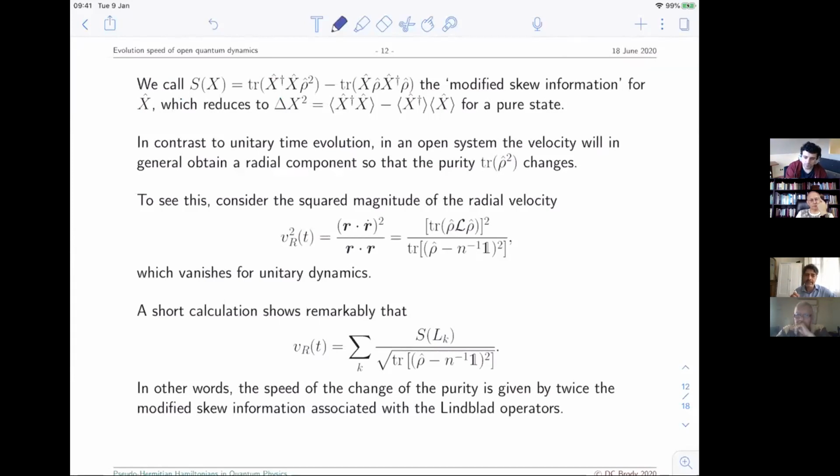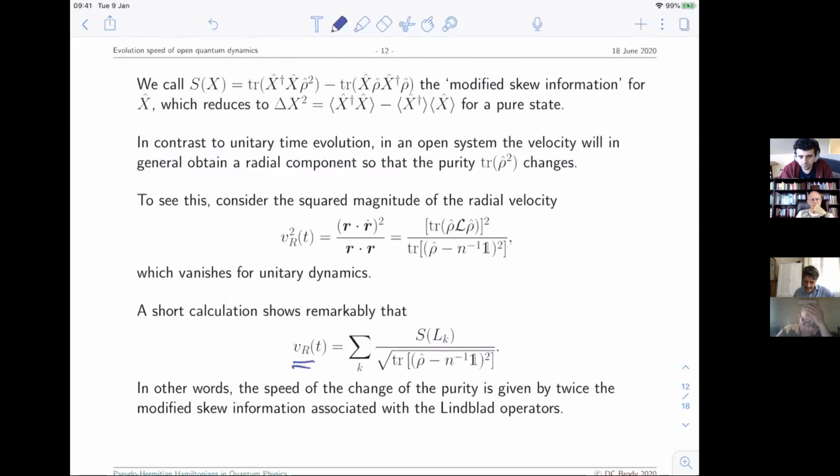But looking at the speed of the reduction of the purity, the purity is defined by the trace of rho squared. If rho is a pure state, rho squared equals rho, and therefore the trace equals 1. But if you have a mixed state, rho squared is not rho, and you get a number less than 1. So how rapidly does the purity decrease? We call that V sub r, the velocity in the radial component, which gives you the reduction of the purity.